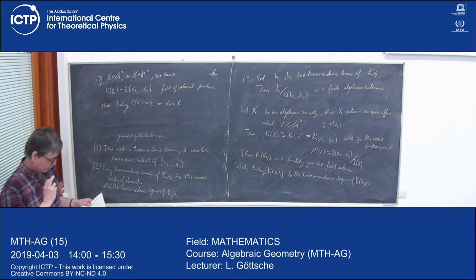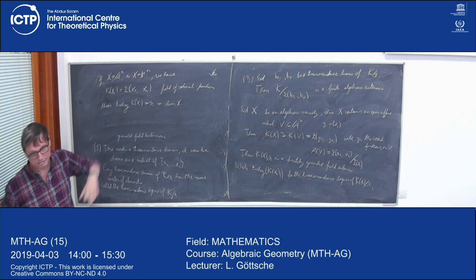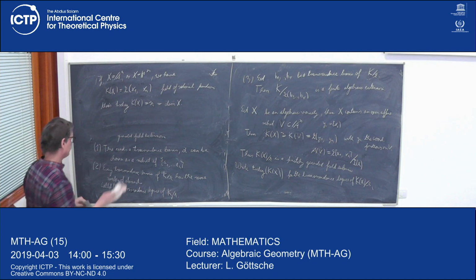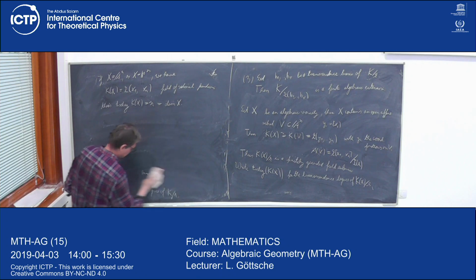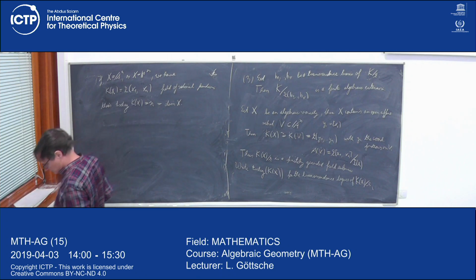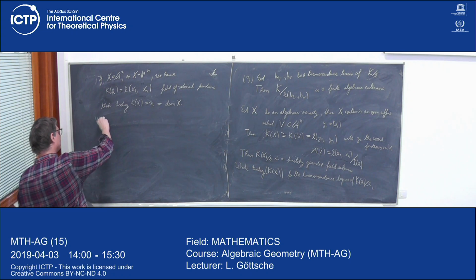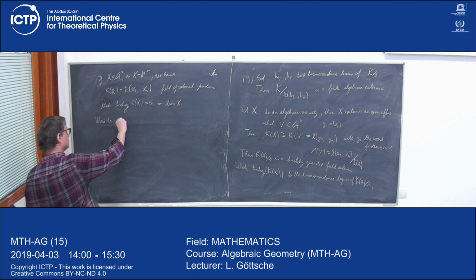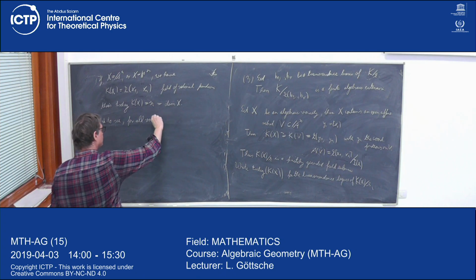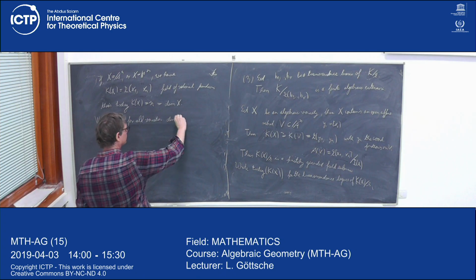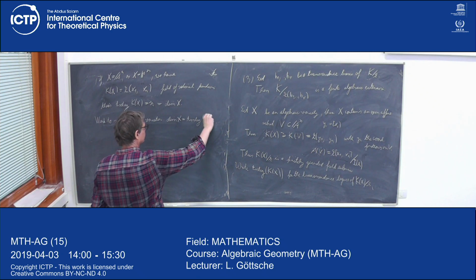And now the claim that we want to show is that this is always the case: the dimension of X is equal to the transcendence degree. So we will show that for all varieties, the dimension of X equals the transcendence degree of k(X).